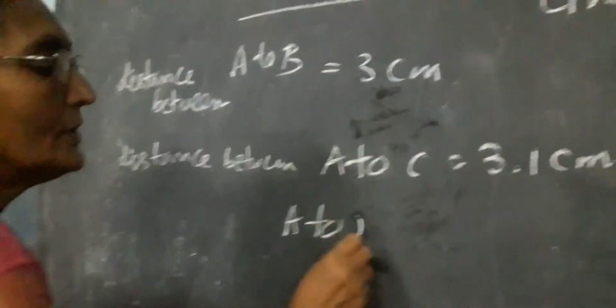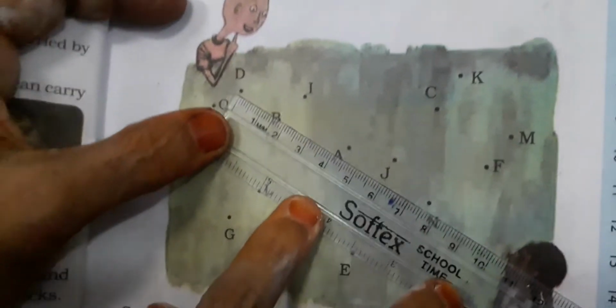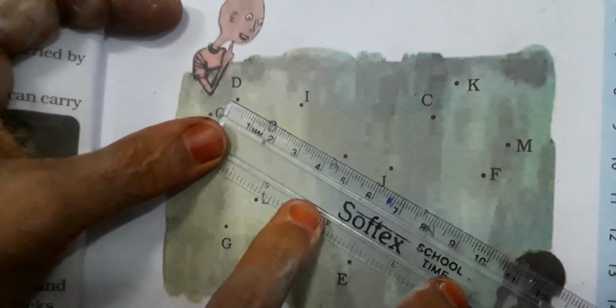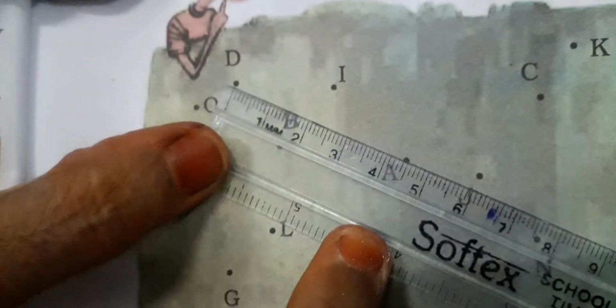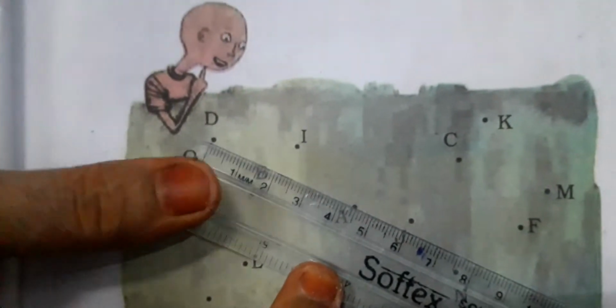Then the distance between A to D, how much is there? Again you see, A is here and D is here. These two points you measure. That is 4.5. The distance between A to D is 4.5.